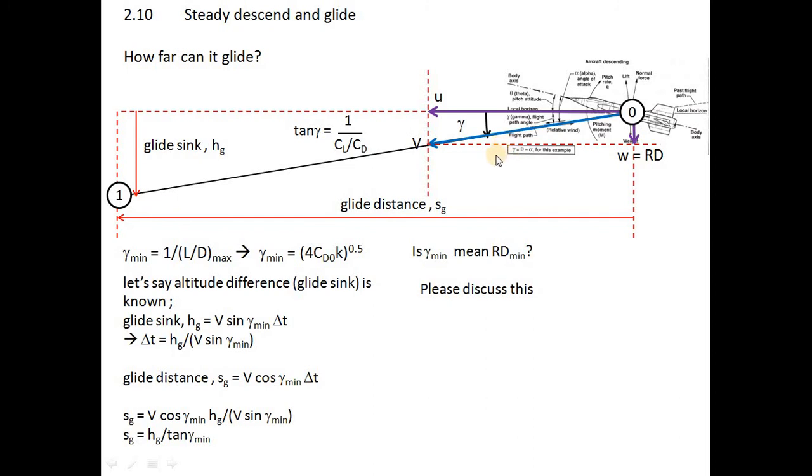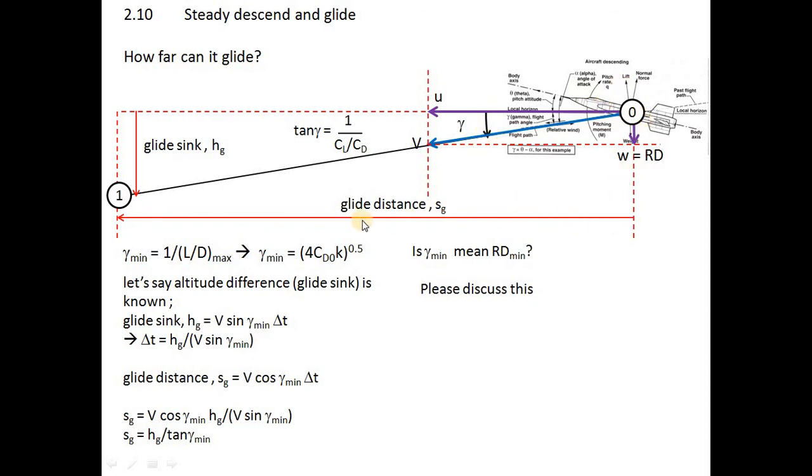So this is the graphical look. If you look at the gamma, u is the forward speed with respect to the horizon, while v is the actual speed, the actual direction of air velocity, and gamma is the sink angle or the descent angle. If you begin with this point, the glide distance depends on gamma.